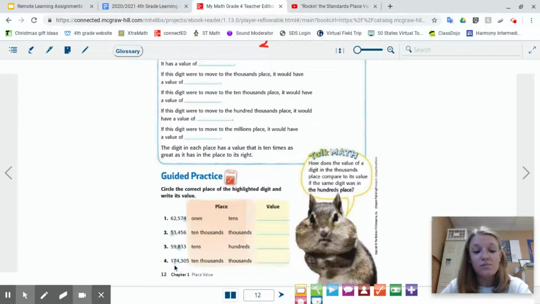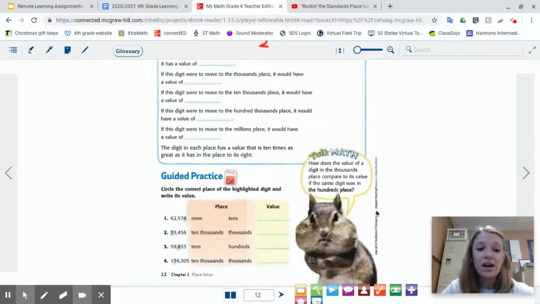Our last practice problem is number 4, and the 7 is highlighted in this one. The 7, is that in the 10,000 spot or the thousand spot? Let's go through our place values. Ones, tens, hundreds, comma, thousands, 10,000. So this 7 is in the 10,000 spot. And the value of it would be 70,000.